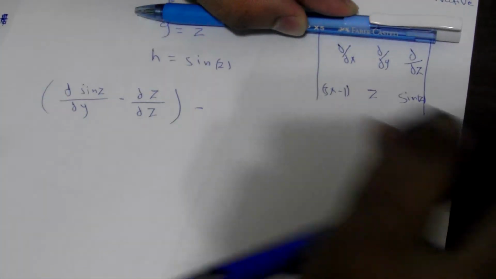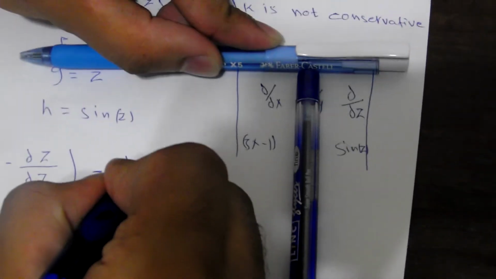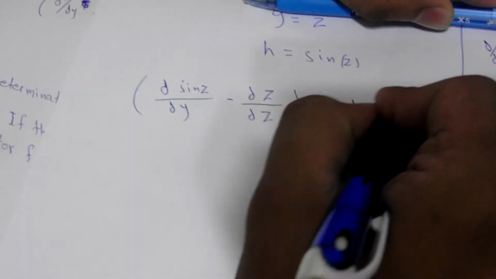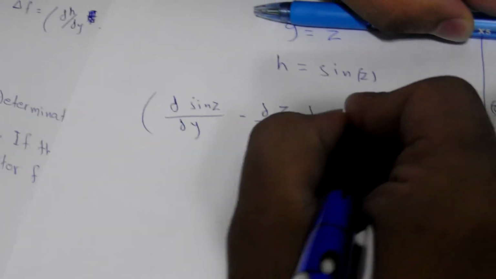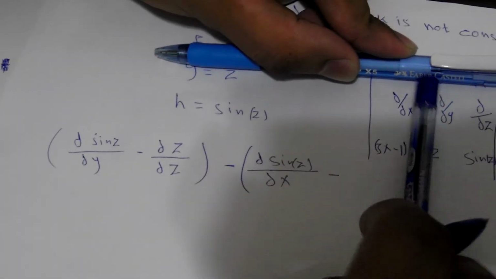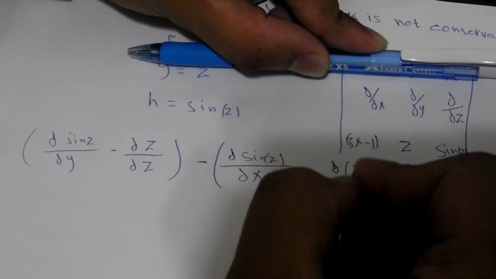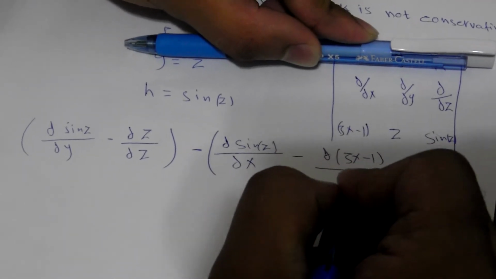Minus, you cross the second column, and you find d(sin z) with respect to x, minus d(3x minus 1) with respect to z.